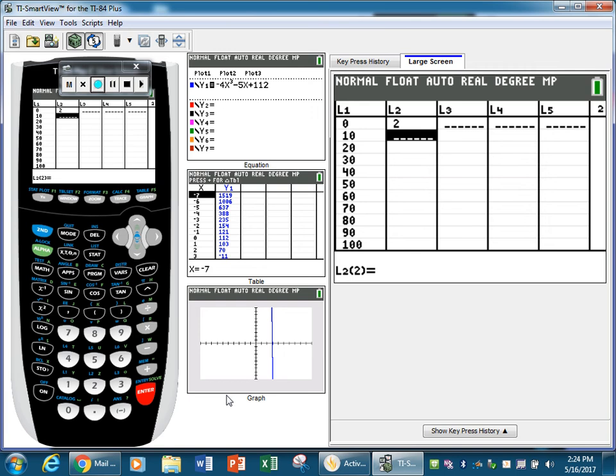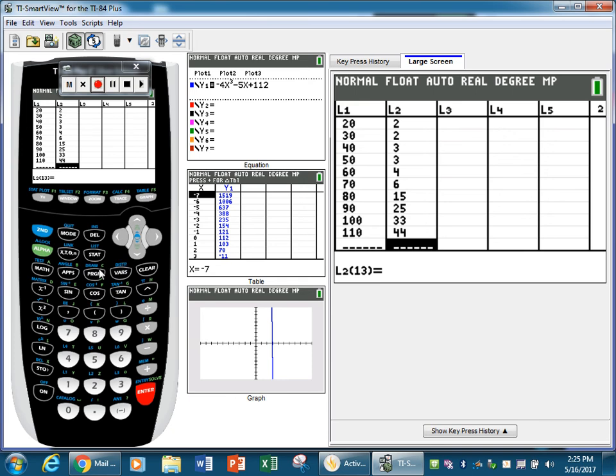We have 4 2s in a row. 2 3s, 4, 6, 15, 25, 33, and 44. Okay, so now that we have that, we're going to do our next step.